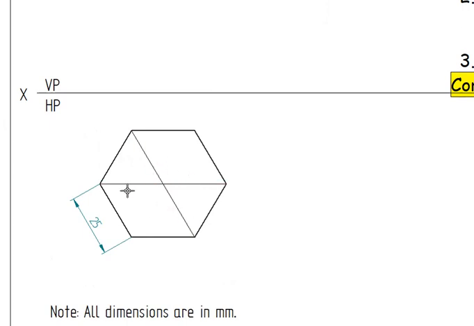This is nothing but the axis point. So we can see A but not A1. We can see the B point but not B1. C we can see but not C1. D we can see but not D1. E we can see but not E1.